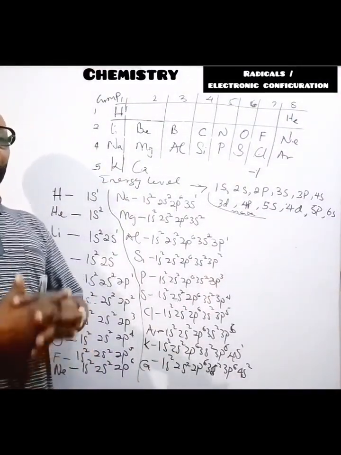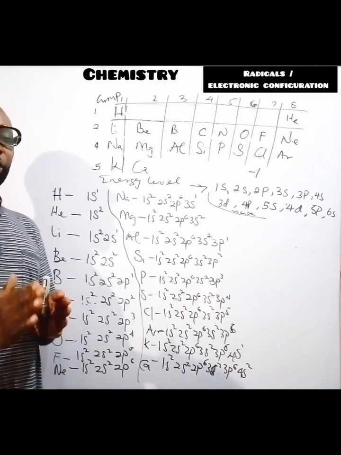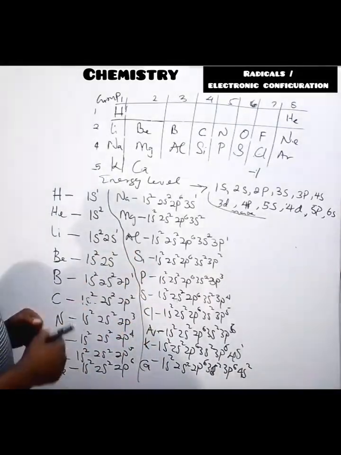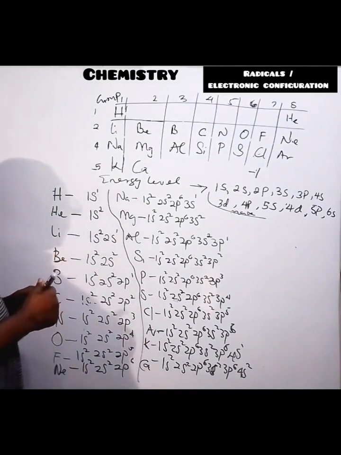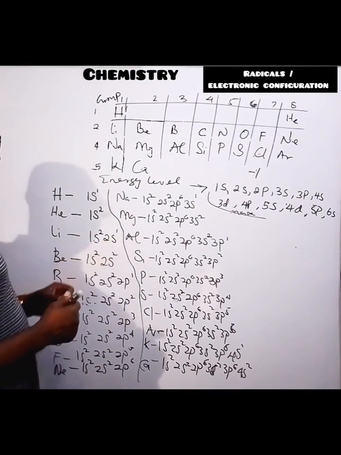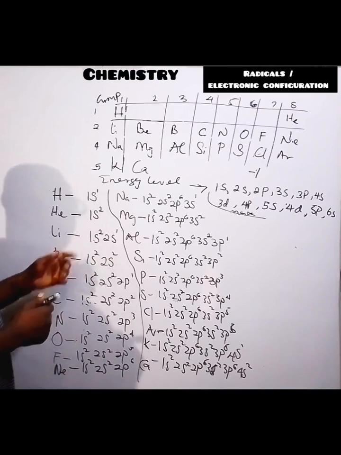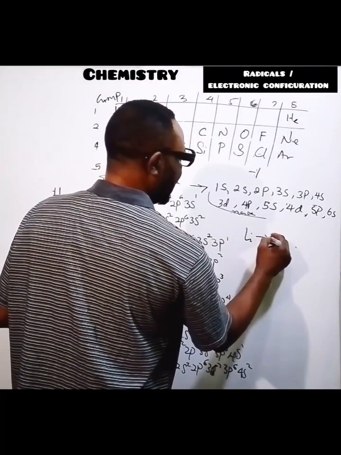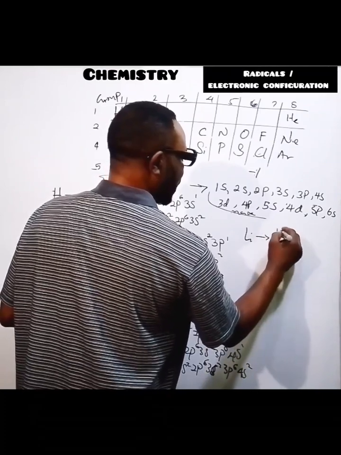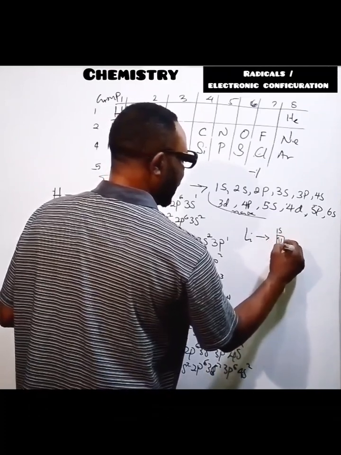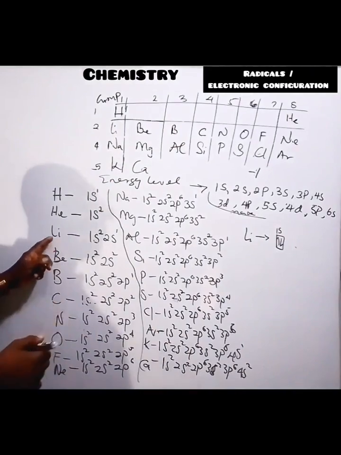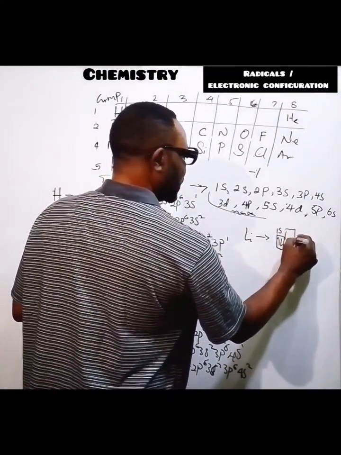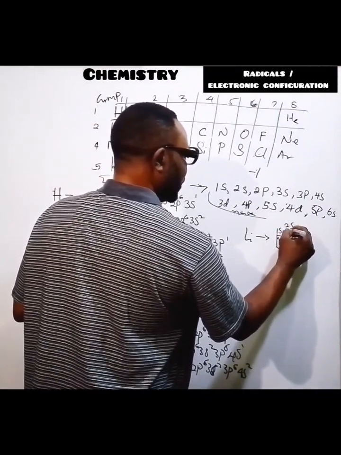Right now, I want to show you how to show the energy levels of these elements. For instance, the arrangement of energy in lithium: this is 1s, this is the 2 electrons, how they are going to fill up into that orbital, then 2s1.